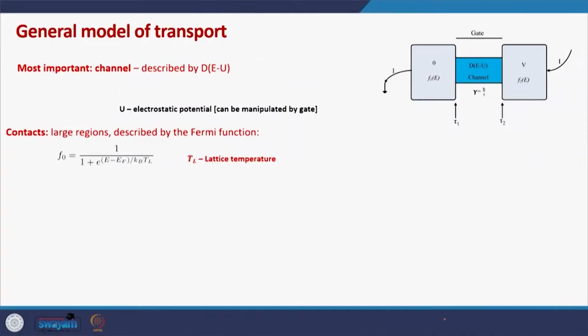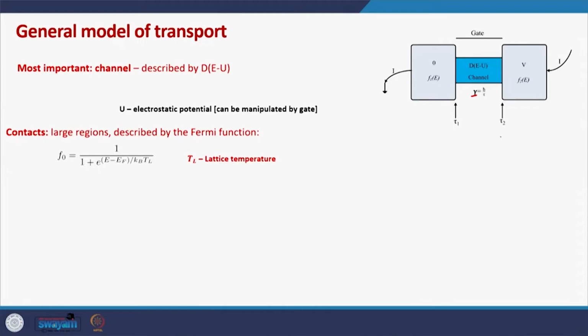A related concept here is the concept of gamma. So, when the channel is very small, as we know by now, in very small channels the energy levels will be discrete, because the confinement leads to discretization, and in these discrete energy levels electrons only spend a total time tau traveling through the channel after coming from the contact.